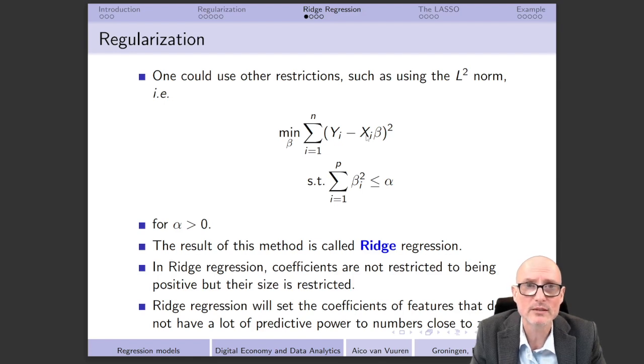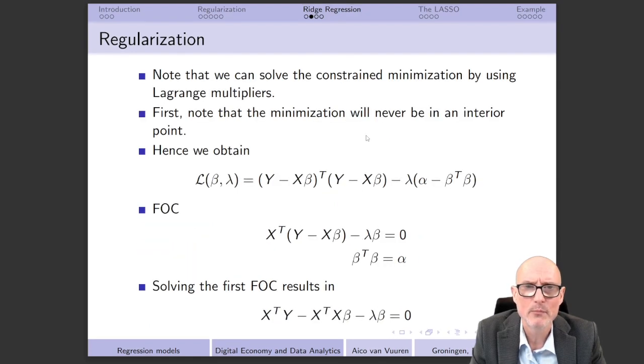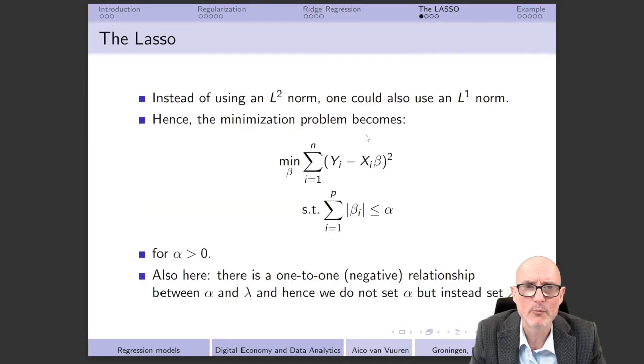However, with the lasso, it is clear that many of the beta coefficients that we have over here are going to be equal to 0. That implies, of course, that we know the corresponding feature doesn't have a lot of predictive power.